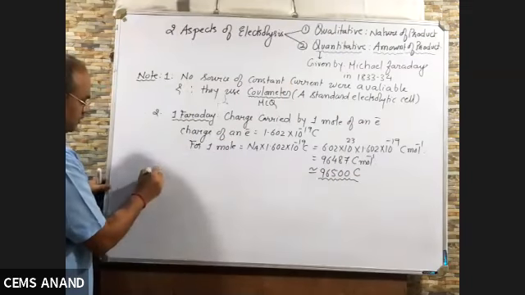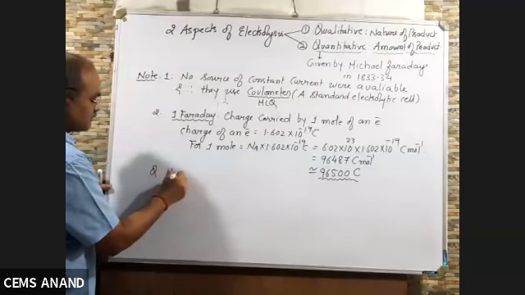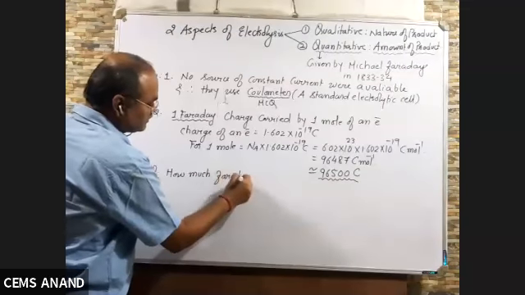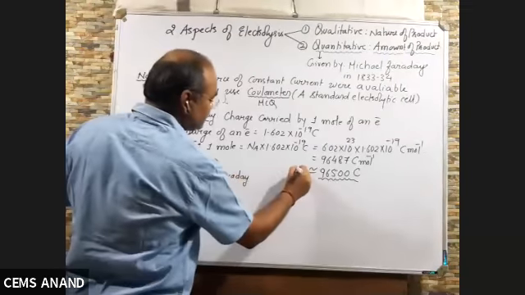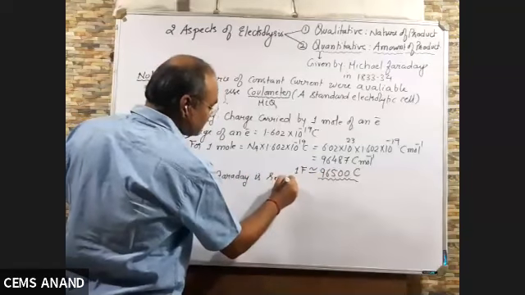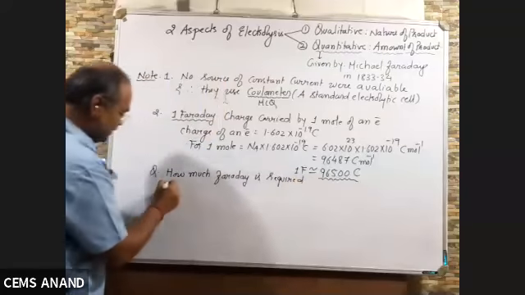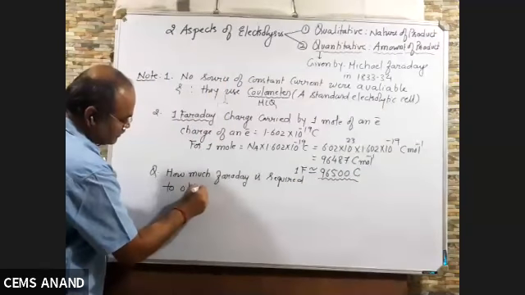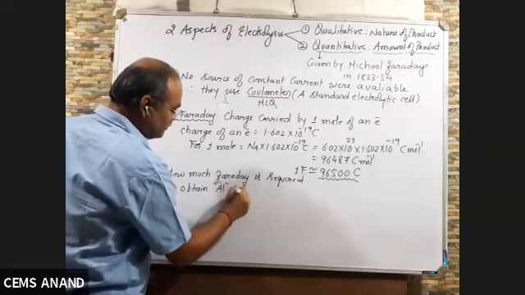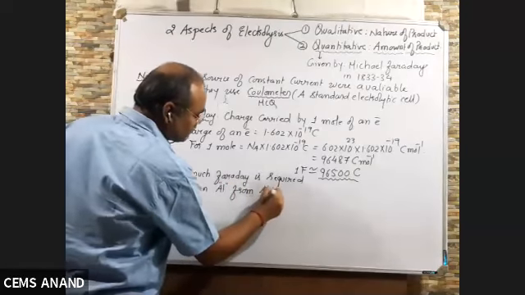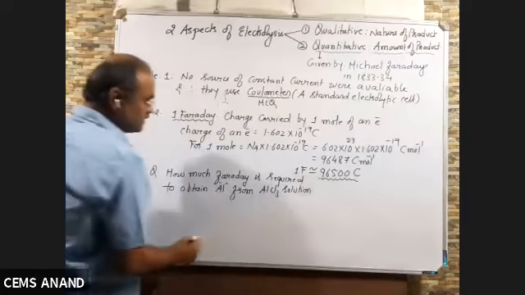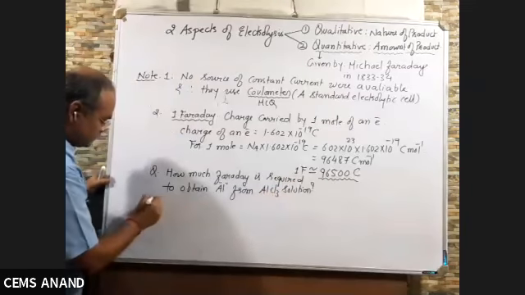Now I can take one example. Question. This is 1 Faraday. How much Faraday is required to obtain 1 mole aluminium from AlCl3 solution? Let us see the solution.